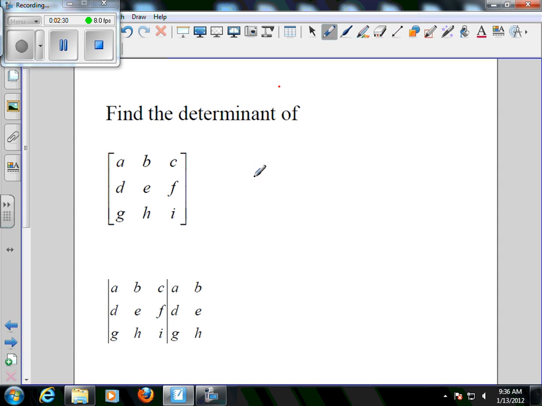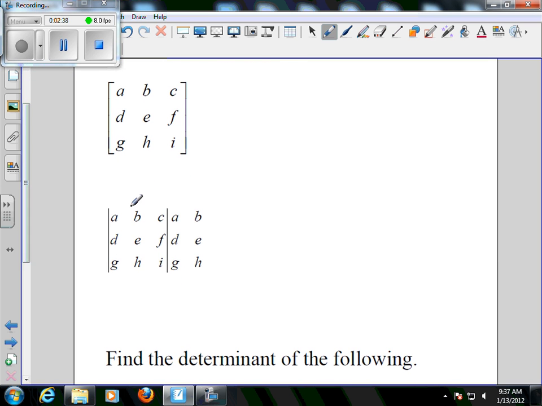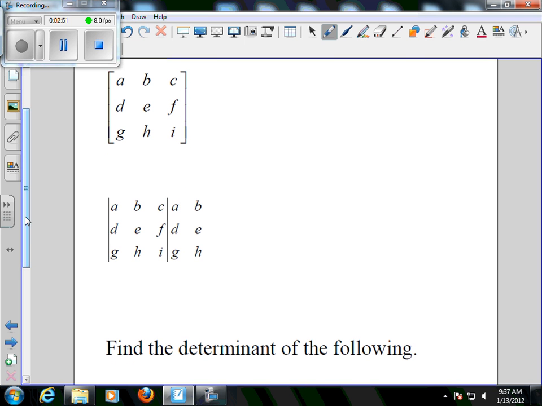Let's say we want to find the determinant of a 3 by 3 matrix, and I've put in all of the entries using variables. Basically, what you do is write your symbols for your determinant, and then write the first 2 columns right next to it. We are going to go on a diagonal again.